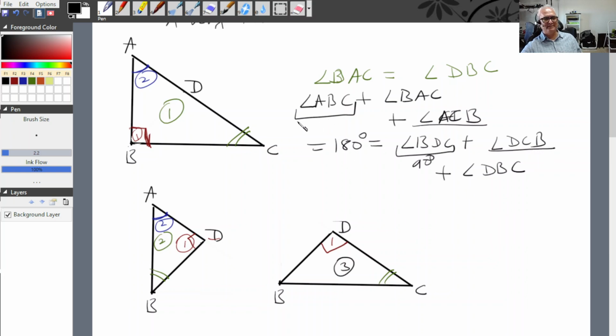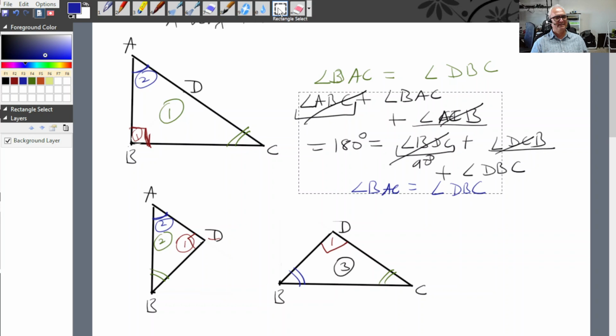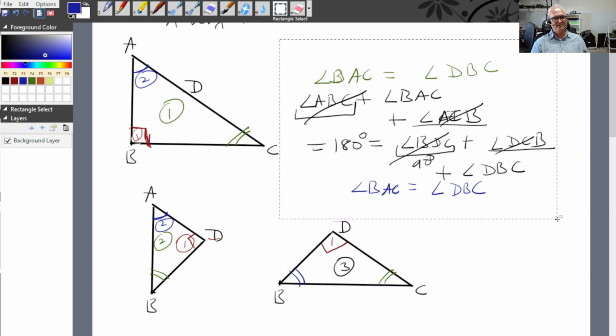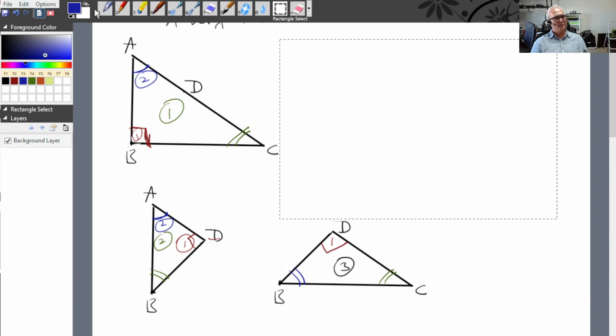So we can eliminate those. So what we are left with is that angle BAC from this triangle is same as angle DBC. So now we have proved that these triangles are identical.